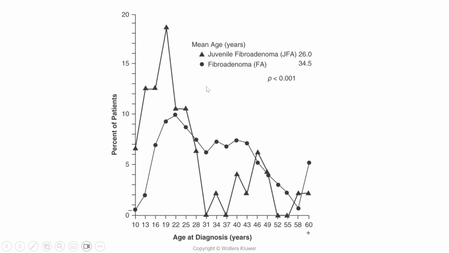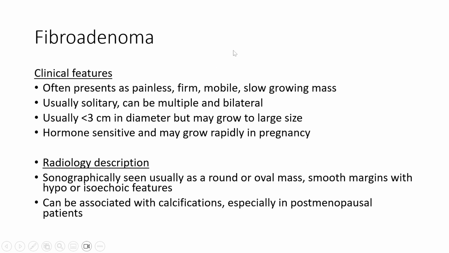Here we just show juvenile fibroadenoma. Their median age is 26 years old, and the conventional fibroadenoma should be 34.5 years old, so they are different. The clinical feature is a painless, firm, mobile, slow-growing mass, usually solitary, but it can be multifocal or even bilateral.